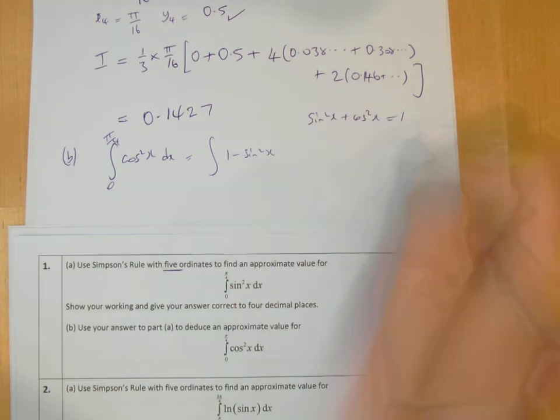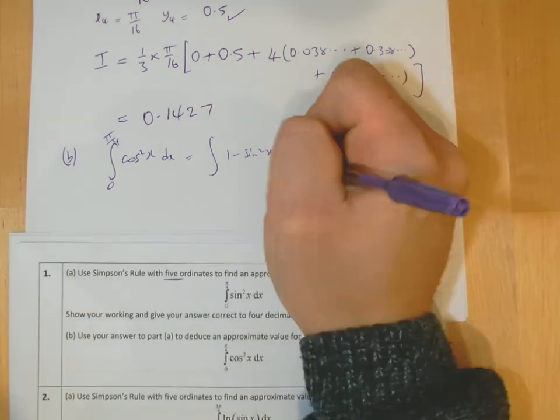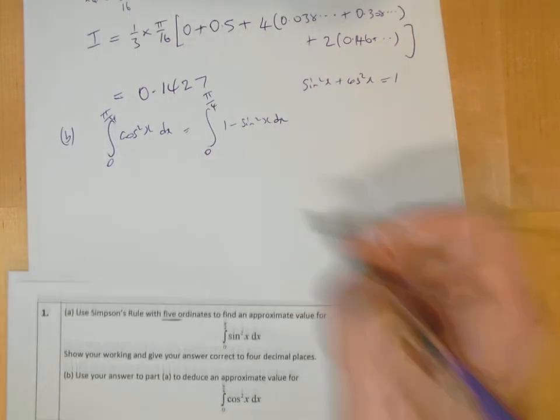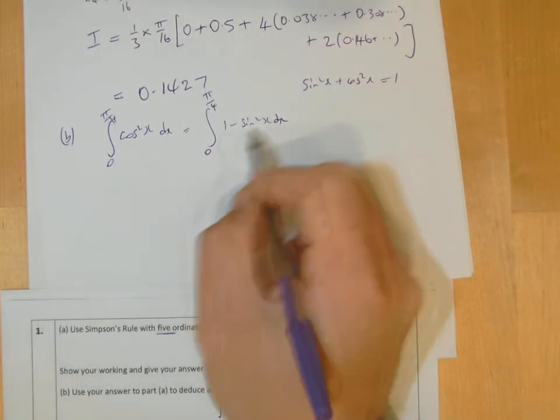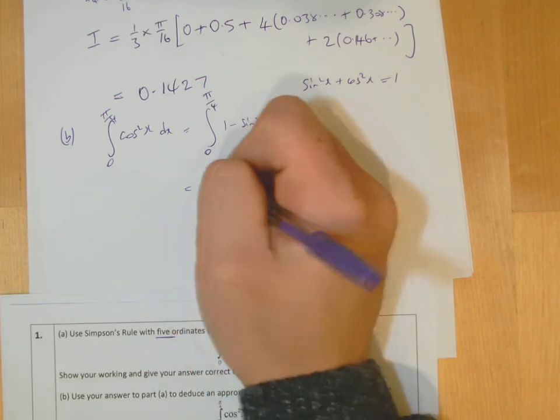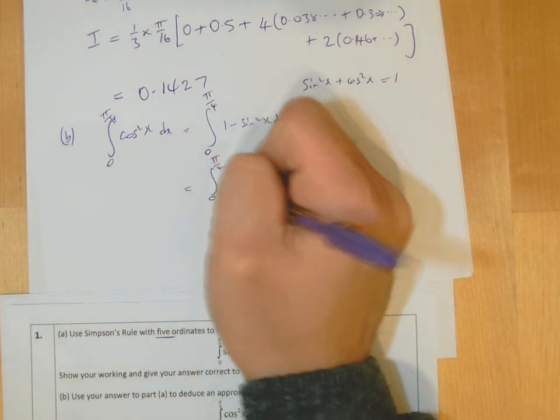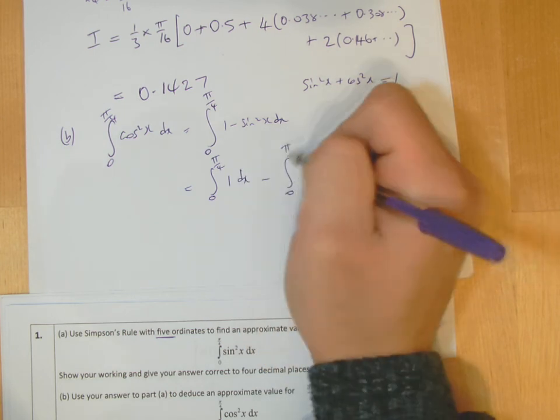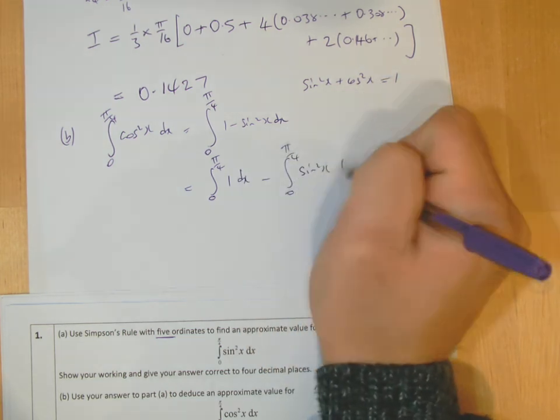So you can take that sine squared x over as a minus. So when you've got that integral, what's easy is you can split this up when it comes to integrating it. So you can integrate 1 dx, take away the integral of sine squared x dx.